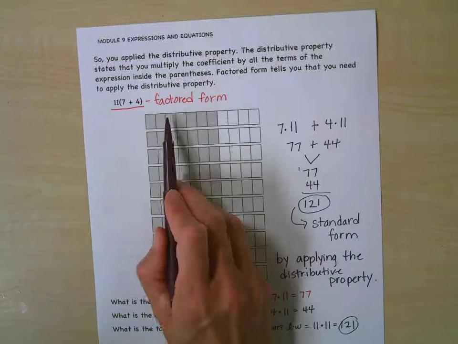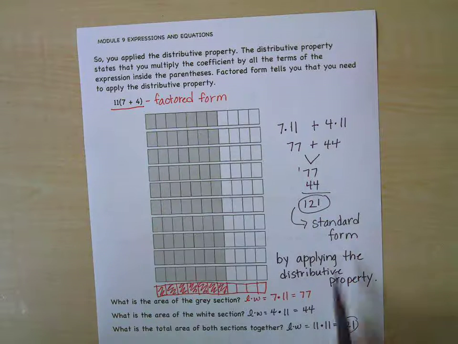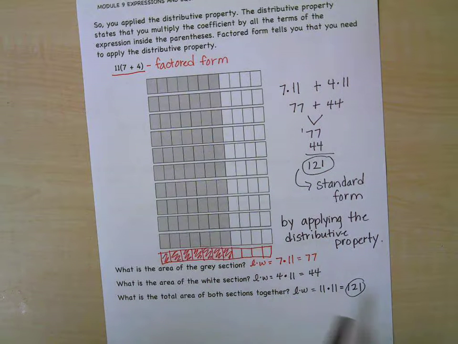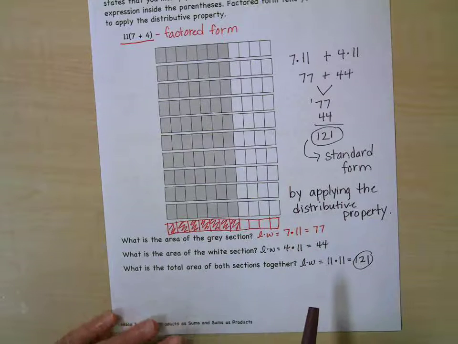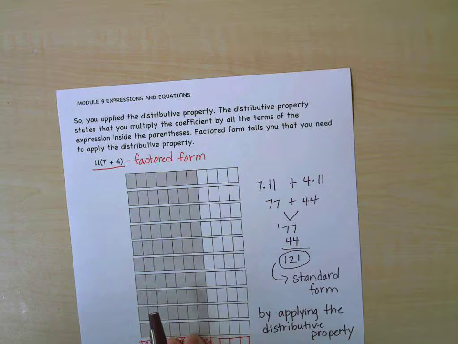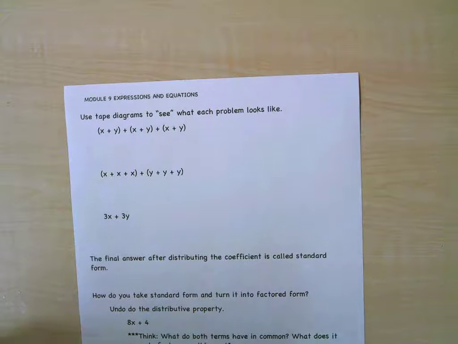Okay, so you guys just did distributive property, and you changed it from factored form to standard form by using the distributive property. Okay, and we double checked ourselves by trying it with the area model, which really, really is helpful. Okay, so hopefully this is all coming together and it's making sense to you.